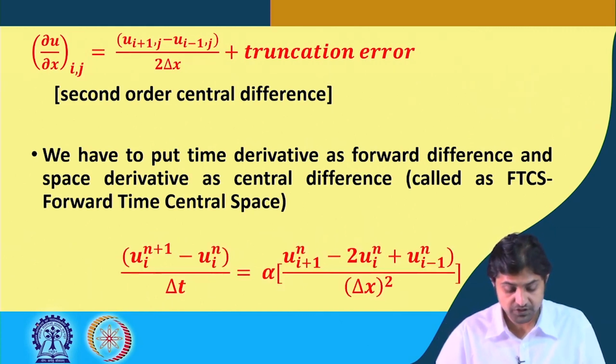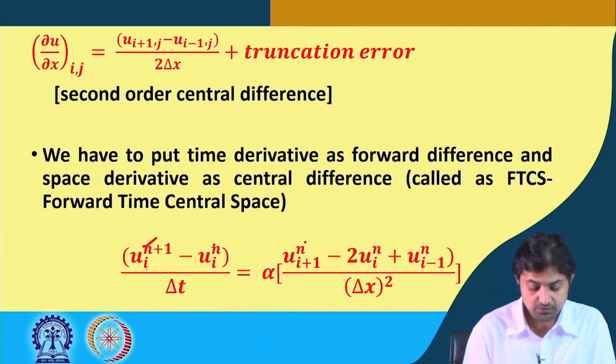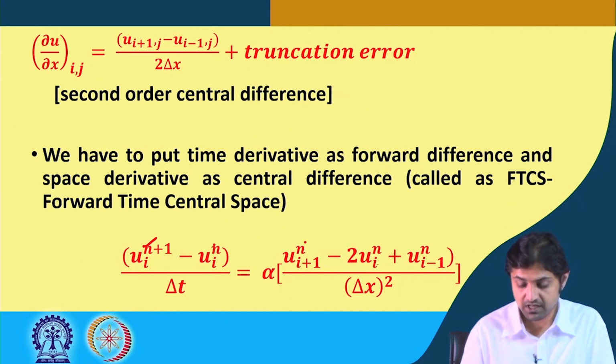So, we write u i, this n is for the time. We write u i n plus 1 minus u i n is alpha times u i plus 1 n. These i plus 1 and i minus 1 are all calculated at the previous time, or the current time.